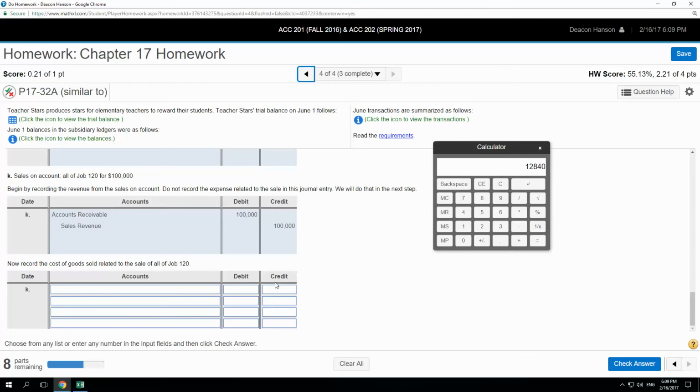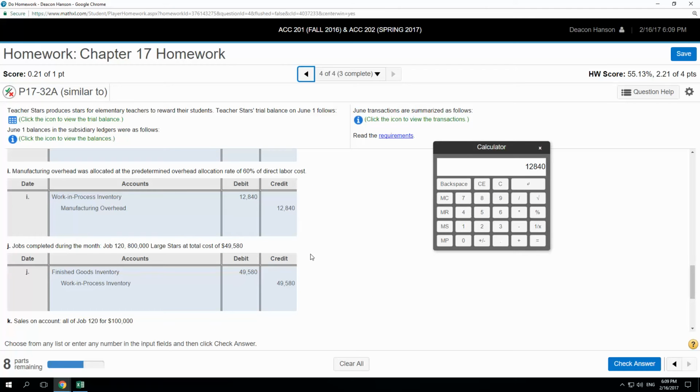Now what we're going to do is book the cost of goods sold related to job 120. Okay? So see, if you look at J, it tells us the total cost of job 120. It says it was 49,580. When we moved it from work in process to finished goods, we moved the cost of 49,580. So we know that that's the total cost locked in on that job 120.